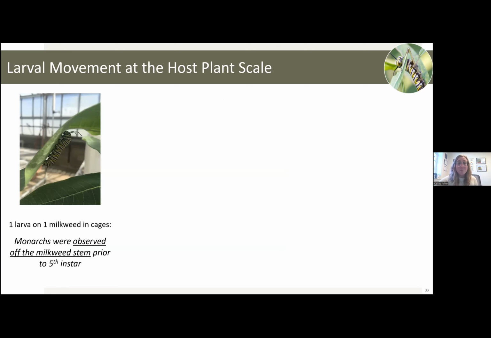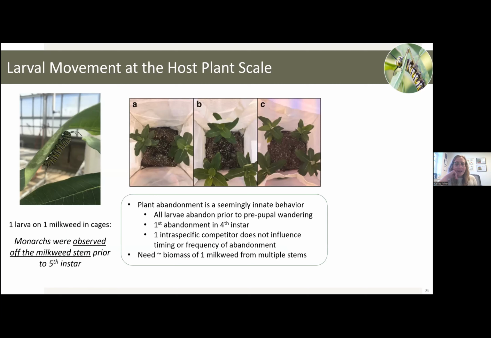Which then led to a bigger study where we put one caterpillar with either 2 stems of milkweed, 3 stems of milkweed, or 4 stems of milkweed to see if the caterpillar was just looking for a new stem of milkweed, and we were now going to provide it.